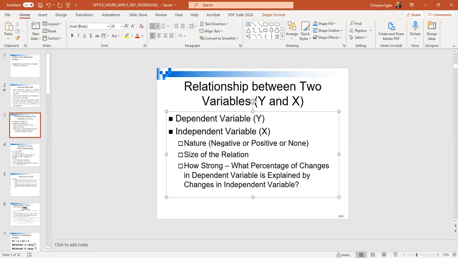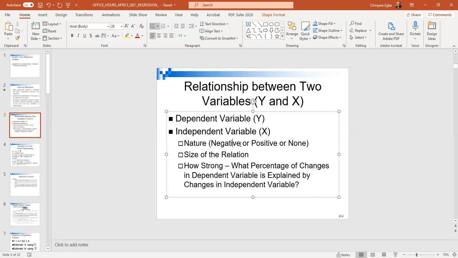If you drive 10 miles, the amount of gasoline in your vehicle will decrease. If you drive 20 miles, the amount of gasoline left will decrease even more. So the amount of gasoline in your vehicle is negatively related to the distance that you drive. The higher the distance, the less gasoline.